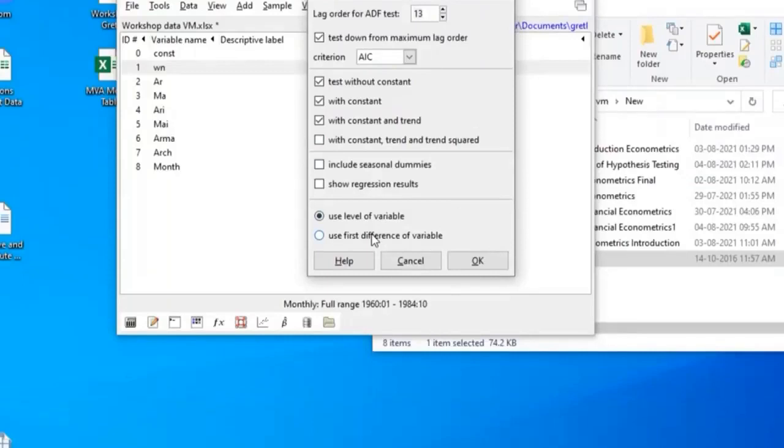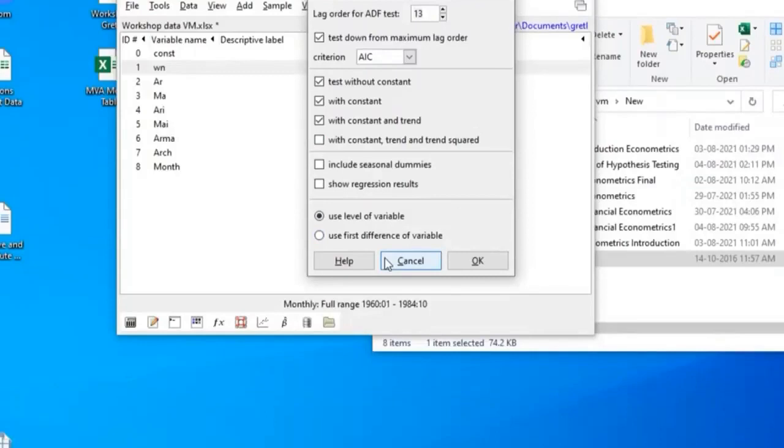So this procedure we have to continue till we find that at a particular stage there is no unit root. There we can stop. So whenever we have the result of no unit root, there we stop, whether it is at the level variable or first difference or second difference and so on. So that is the procedure.